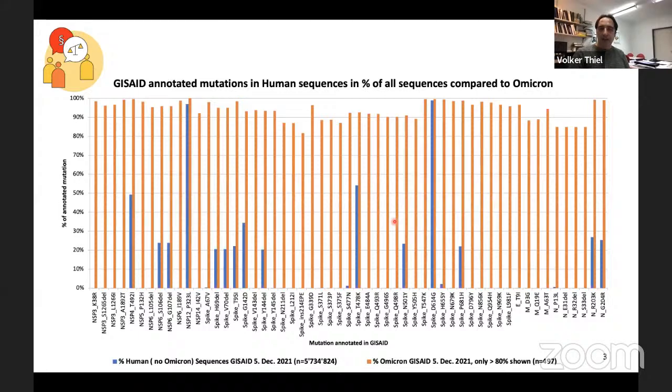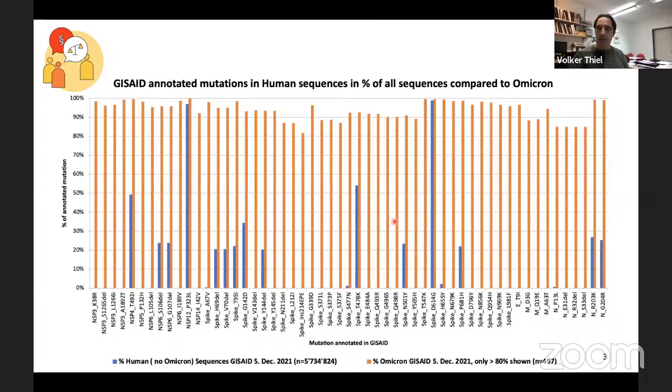The Delta-specific mutations were in the sequencing databases before the real Delta variant was actually present. And this shows a comparison. All the orange peaks show the percentage of the Omicron mutations in the Omicron sequences we have so far. And the blue one shows where those mutations have been detected before, according to percentage, in all the other viruses in the database. So this already tells you that many of the mutations of Omicron have not been seen before.